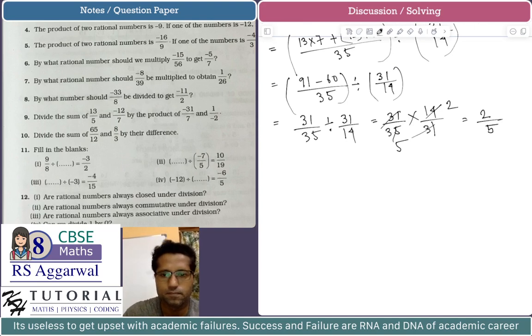Let's do problem number 10. Divide the sum of 65 by 12 and 8 by 3 by their difference. Okay, divide the sum.